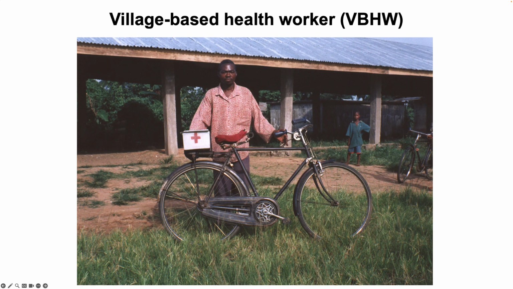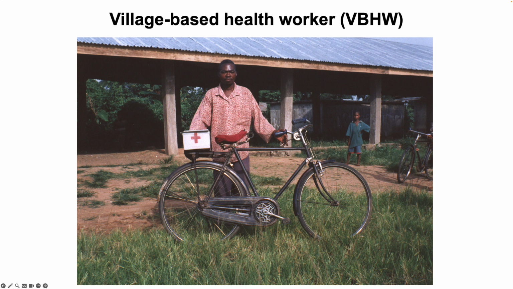Those are some examples of the local strategies used to drive down cases of guinea worm, but the key, or the glue, to all of them happening is shown here in this picture, and it's the village-based health worker, or VBHW. The village-based health worker is someone who's trained about all of these strategies, and they're also provided with a bike, a first aid kit, and a paper register to document and track cases of guinea worm for surveillance.